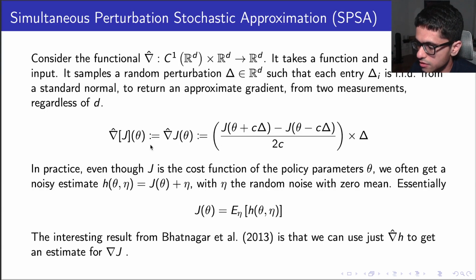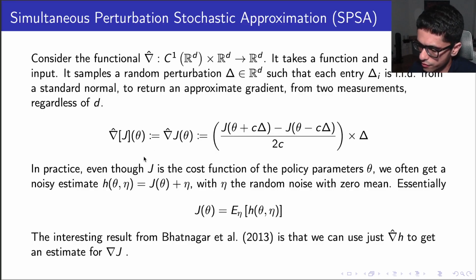It pings the J function twice and gets this quantity. And if you think about it, this is pretty much the scalar dot product of the gradient along this random direction delta as c tends to 0. And then it is a scalar multiplication with the random direction itself. So the output is a vector, and the magnitude is proportional to the dot product of the gradient with this direction.